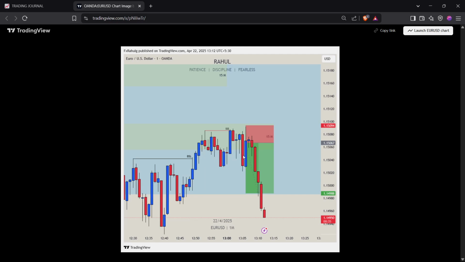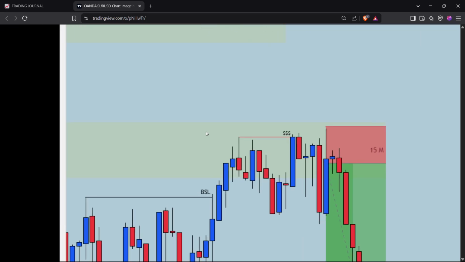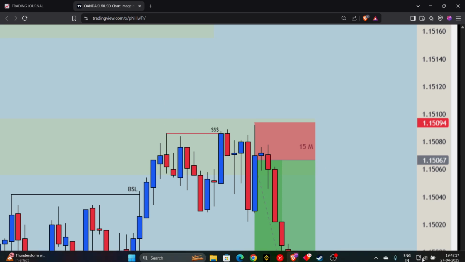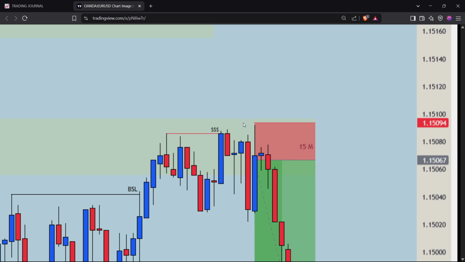After there was a change in state and a retracement, the thing I did correctly was that when I entered the trade, I didn't place a stop loss. My entry was somewhere here, but I didn't place a stop loss. I was waiting to see if this high would get taken once more, because it has happened to me quite a few times that I've taken the trade and then the market manipulated once more to go back down.